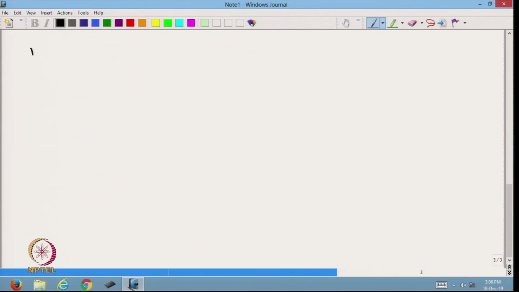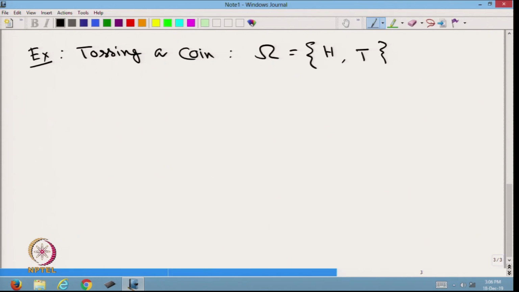For example, tossing a coin, the omega is either head or tail.